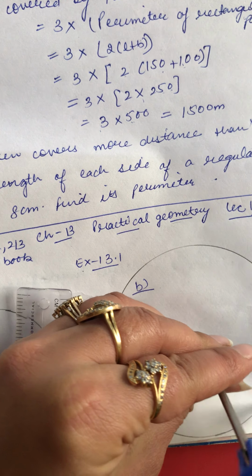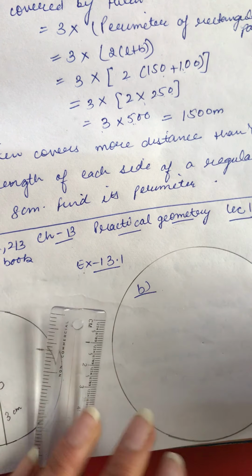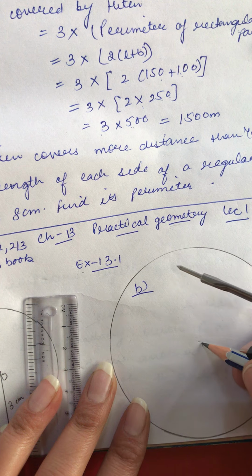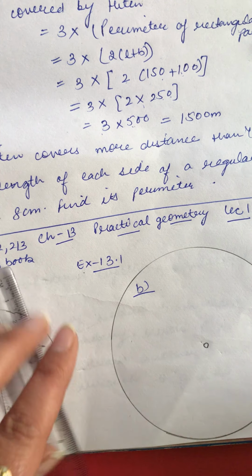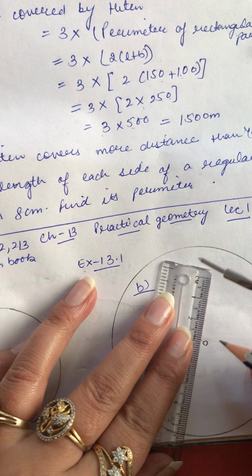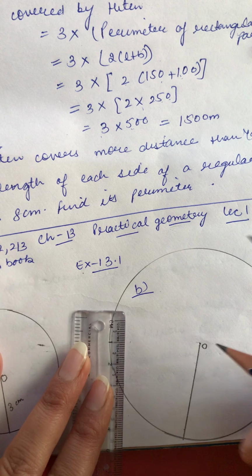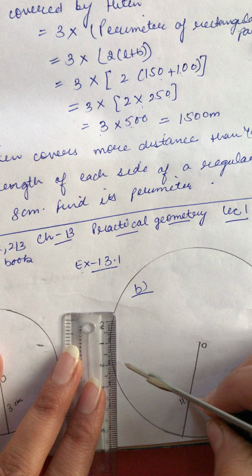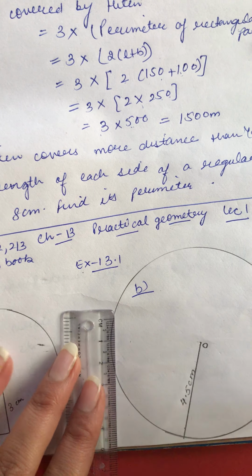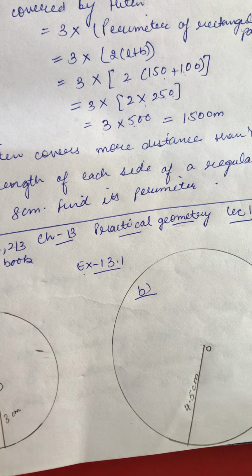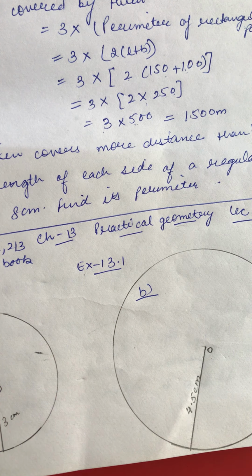Just take any point as the center and then mark the circle with the given radius, then give the name to that point as the center, mark the radius also and write what the radius is. It is 4.5 cm. So this is my circle of radius 4.5 cm.